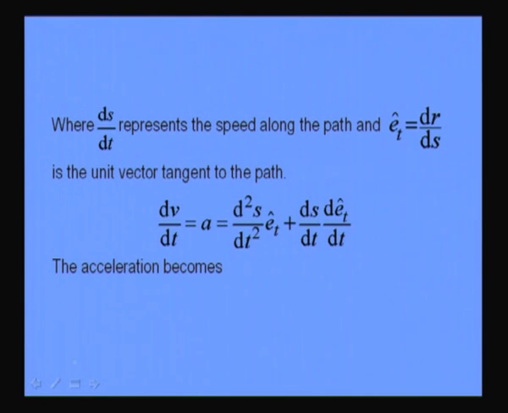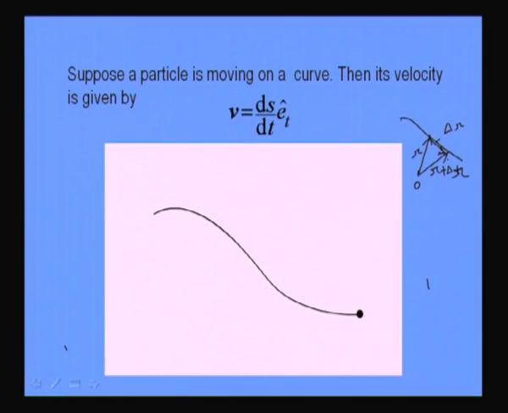The acceleration becomes dv by dt. You differentiate the velocity vector with respect to time. Again you get a vector quantity, this is a, and this is equal to d square s by dt square et, because you have the expression for velocity as ds by dt et.